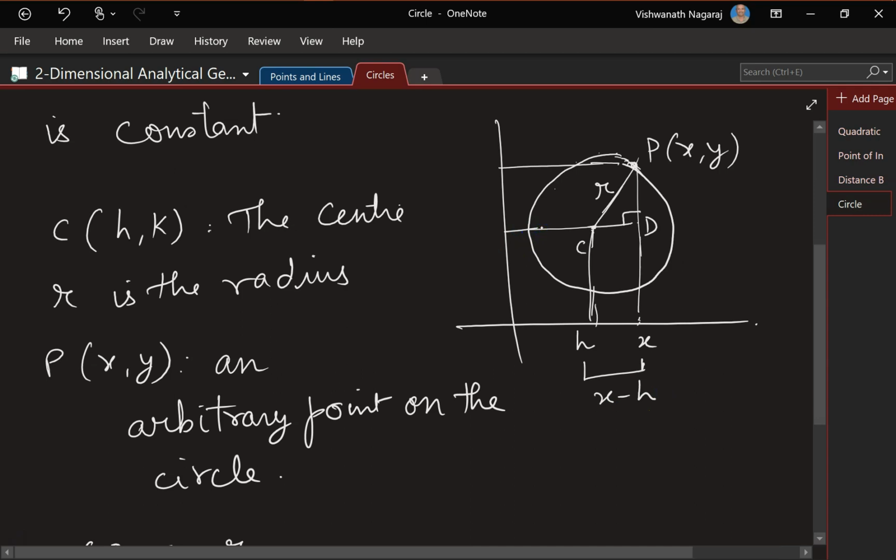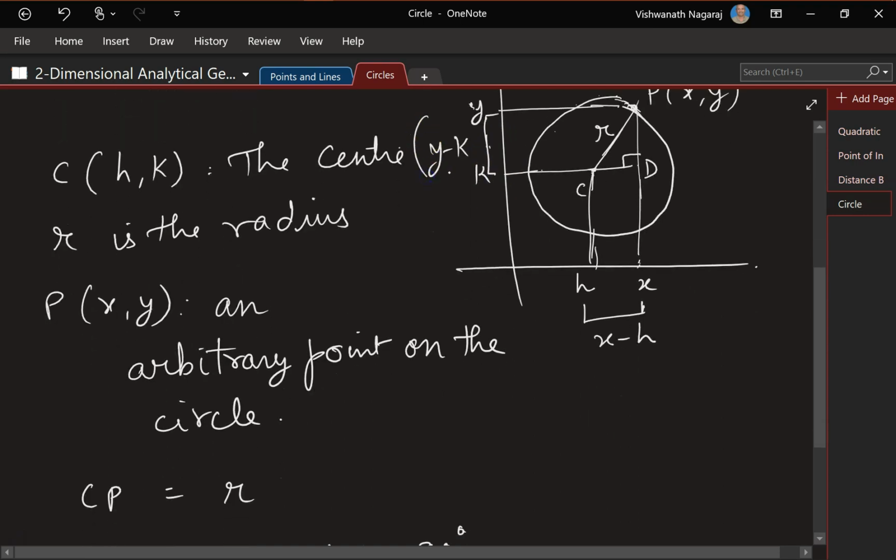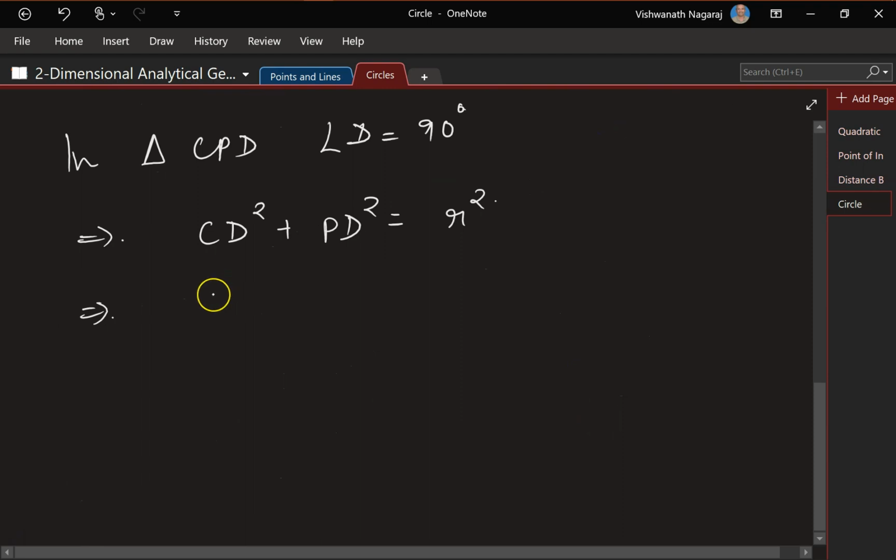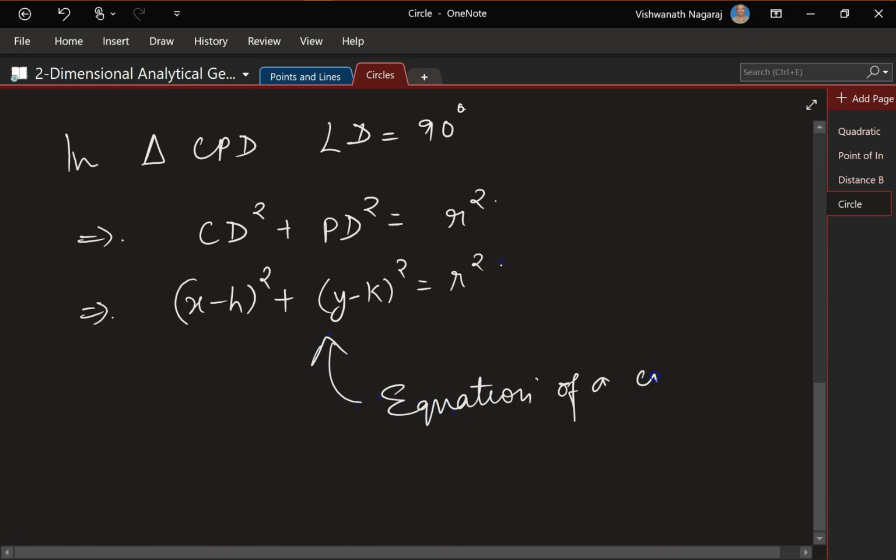Similarly, on the y-axis, this is k and this is y, so this distance is y minus k. So CD square plus PD square gives (x minus h) square plus (y minus k) square equal to R square. This is the equation of a circle.